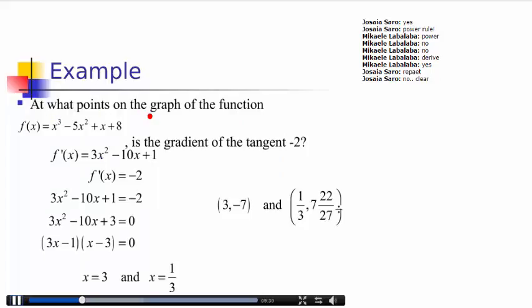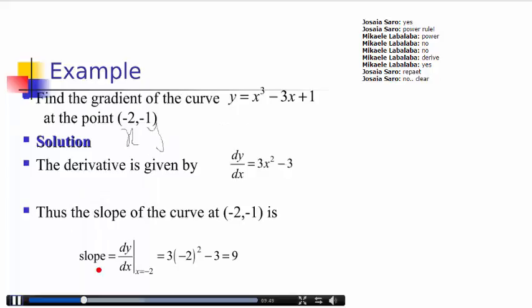At what point on the graph of the function f(x) = x cubed minus 5x squared plus x plus 8 is the gradient of the tangent negative 2? Now, for the first example, you were given the points and you had to find the gradient.